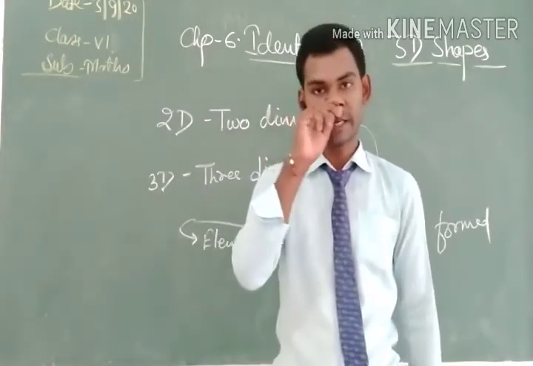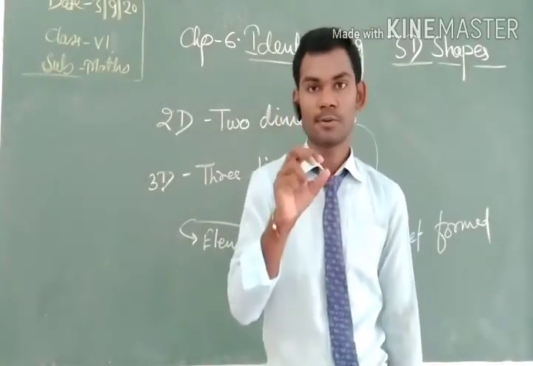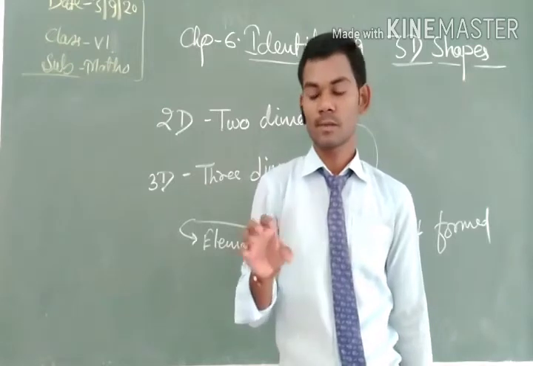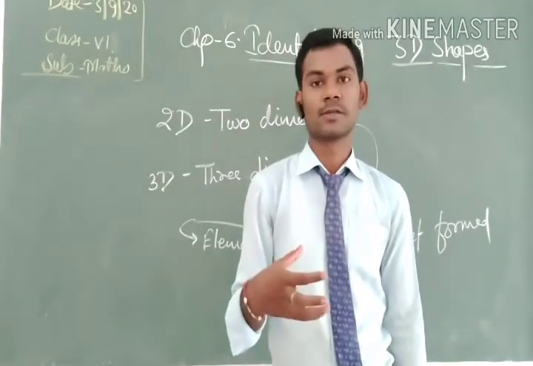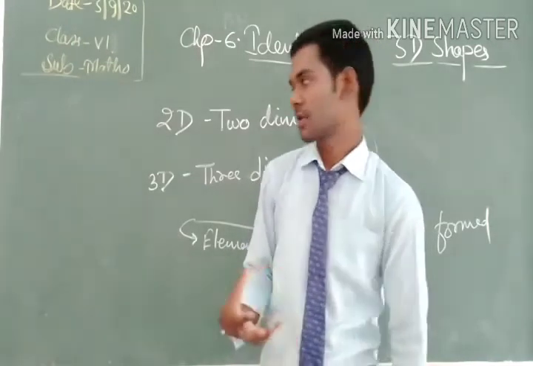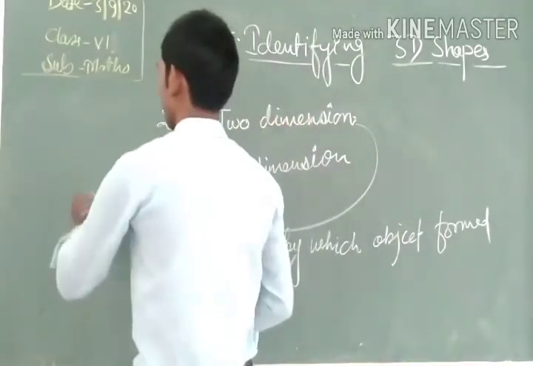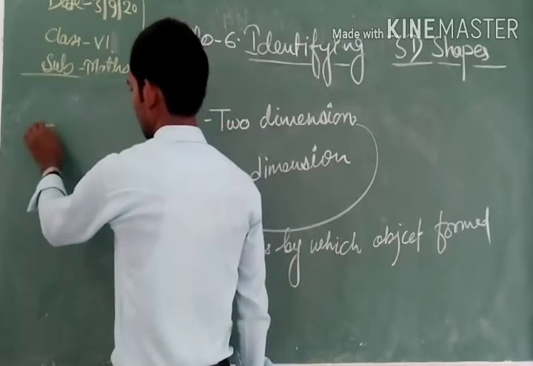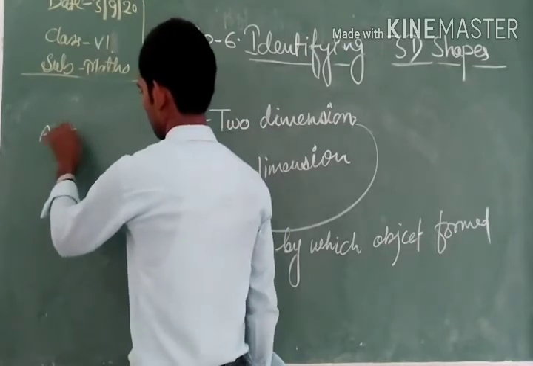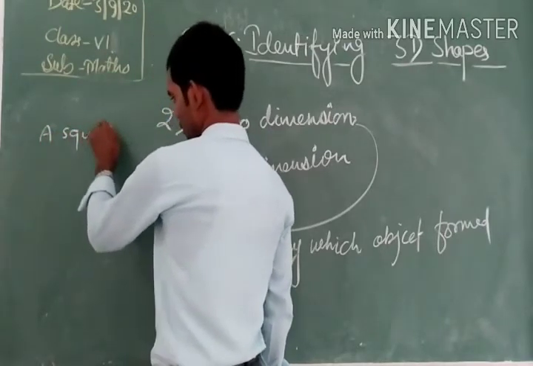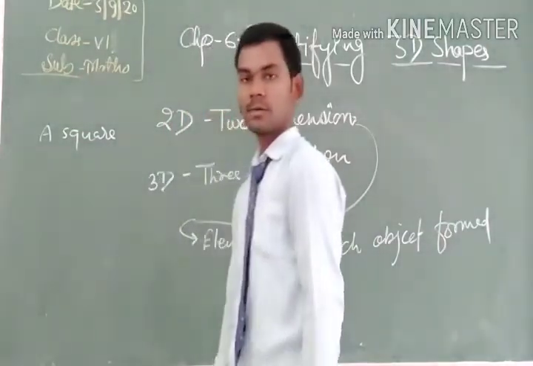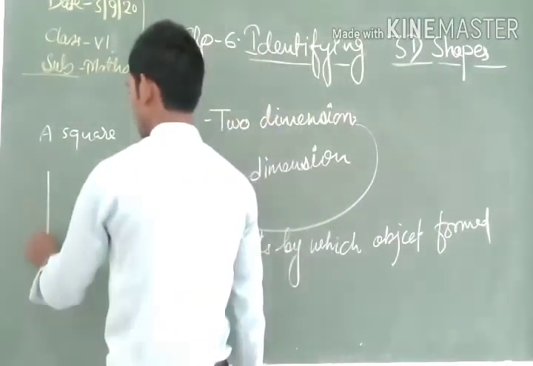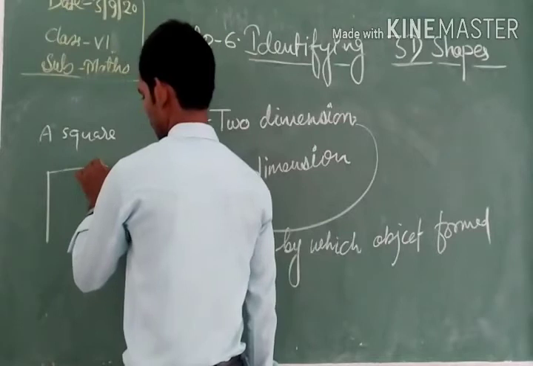If I take the example of anything, like a square, then the square will look like this.